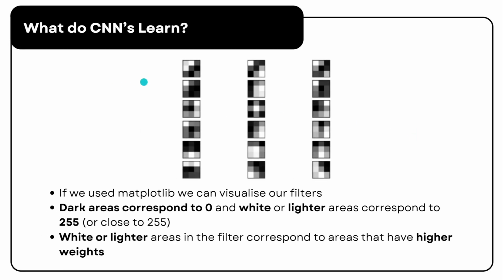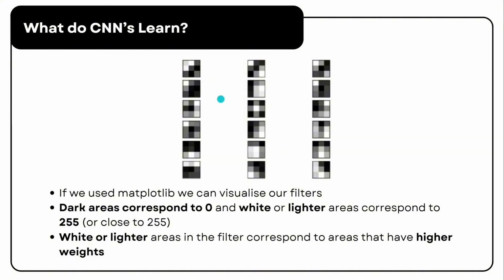So what do CNNs actually learn in their filters? Well, here's a visual example of what some 3 by 3 by 1 filters might look like after training. You can already start to see recognizable patterns.